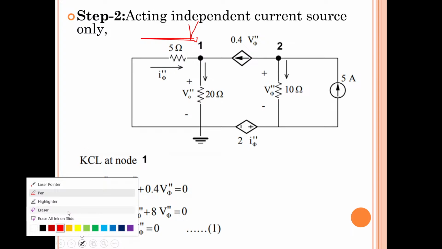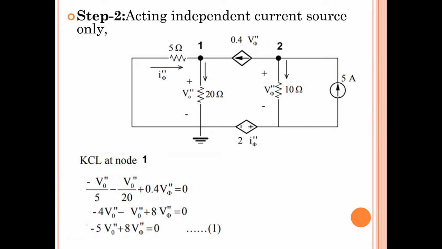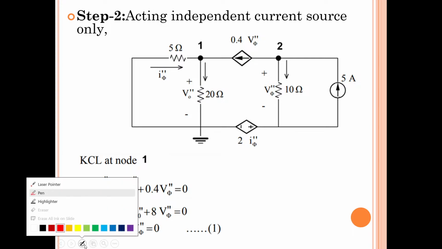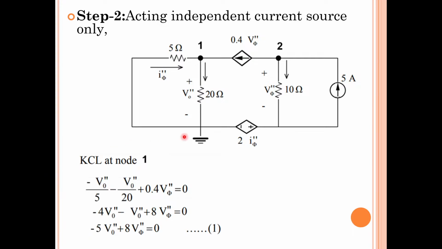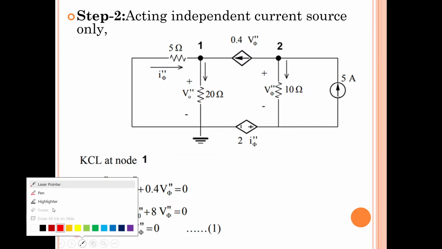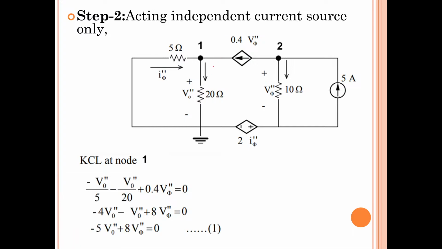These directions which I have assumed are not satisfying me, to be frank. What I have assumed here is all the currents entering, but I have shown the opposite direction here. That is the reason why the equation I wrote differs from what I am saying. Again, the cursor won't listen to me.